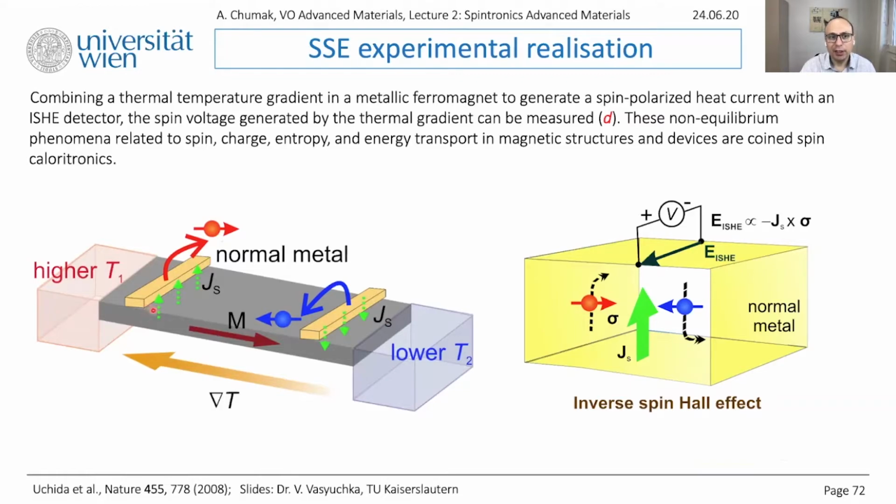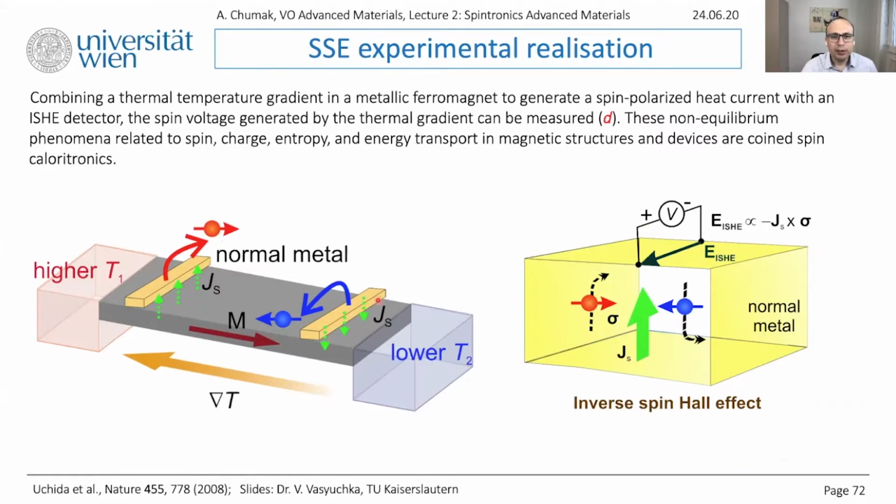One was generated into the platinum where temperature was higher, and then due to the inverse spin Hall effect, as shown here, when a spin polarized current goes from the interface up, like in the case of spin pumping, electrons are scattered to one direction, and you can measure voltage in this transverse direction.